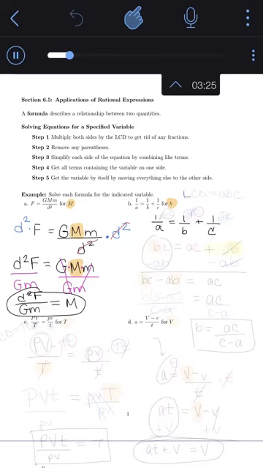Well, we're going to find a common denominator for all three. That would be ABC. So we're going to multiply each of these by ABC, ABC, and lastly ABC. Let's see what that does. On the first fraction, that will just cancel out the A, leaving you with just BC.